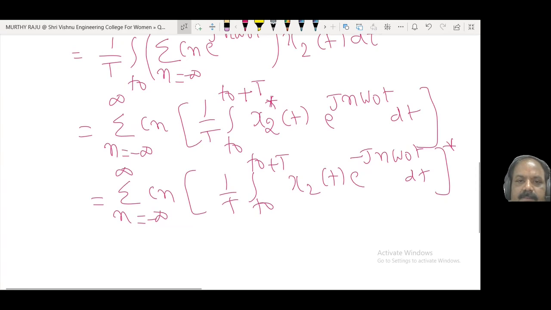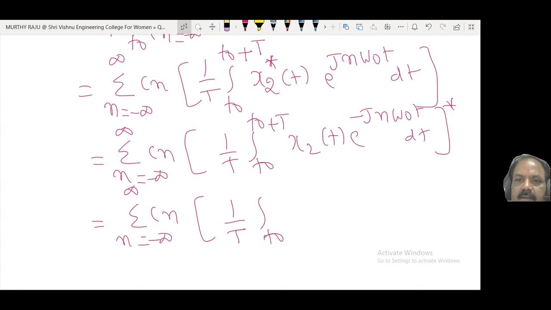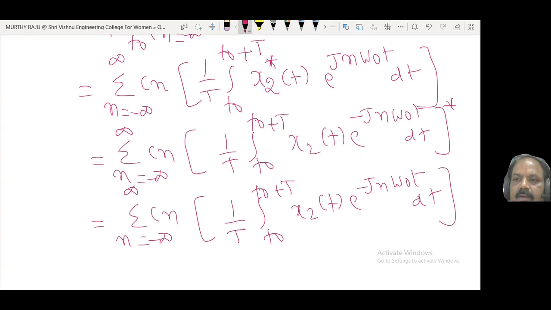Therefore, sigma n equals minus infinity to plus infinity of (1/T) integral from t0 to t0+T of x2(t) e power minus j n omega naught t dt, conjugate.